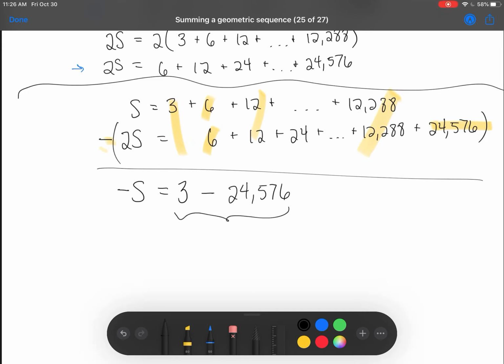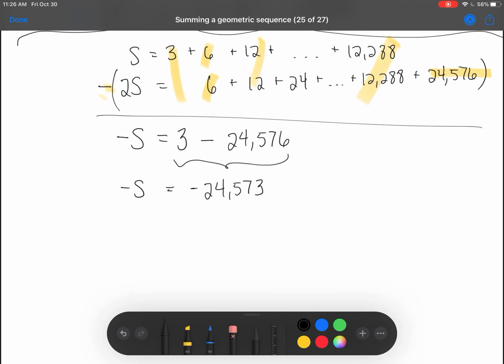All right, so what do we do now? We have 3 minus 24,576, which is negative 24,573. And that's equal to negative s on the left-hand side. But we don't care about what negative s is. We want to know what s is.